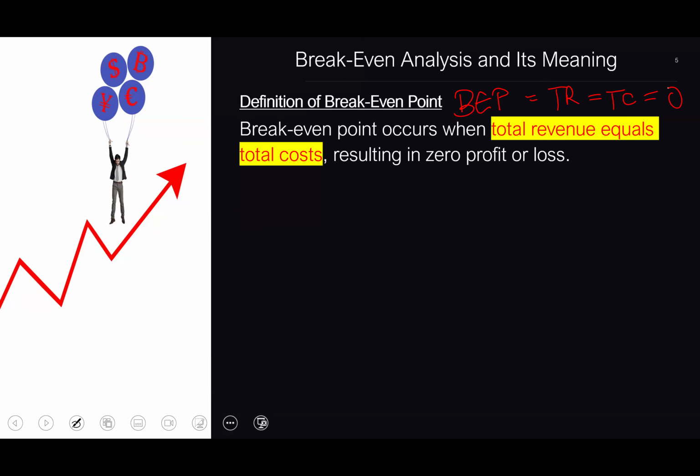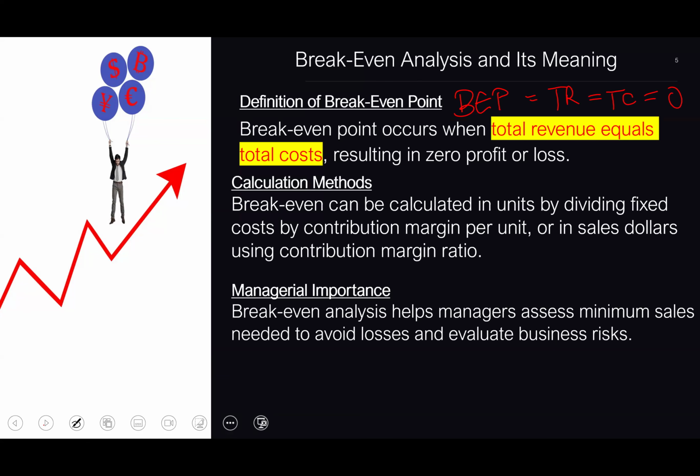These kinds of realizations are important in doing the calculation. We are going to show you that break-even point can be calculated in units. We can also calculate it in sales dollars. We can also calculate it in percentage, but we'll talk about that.